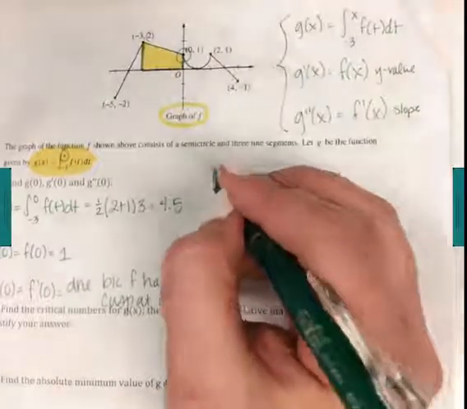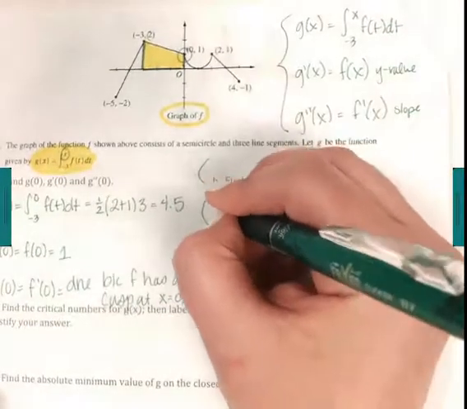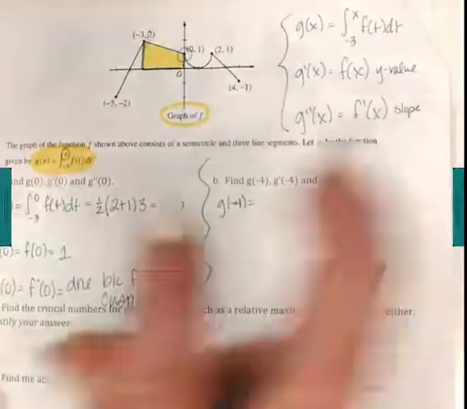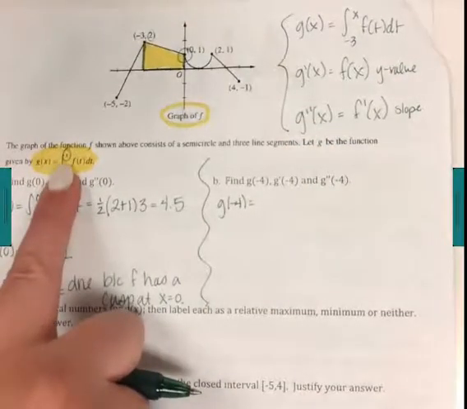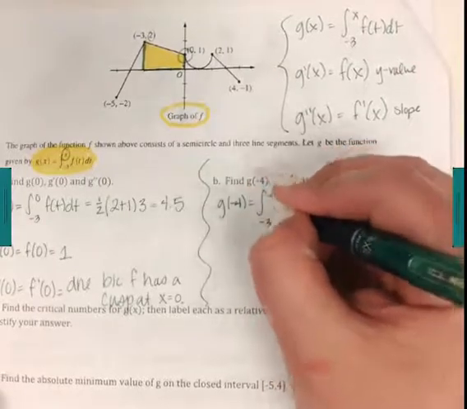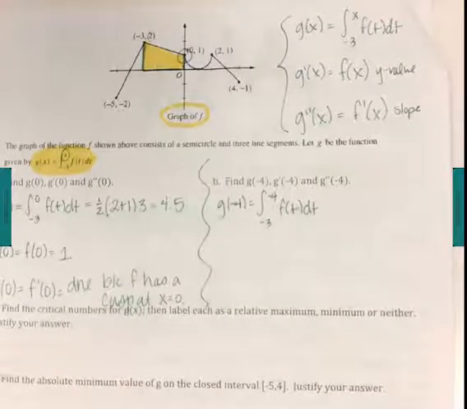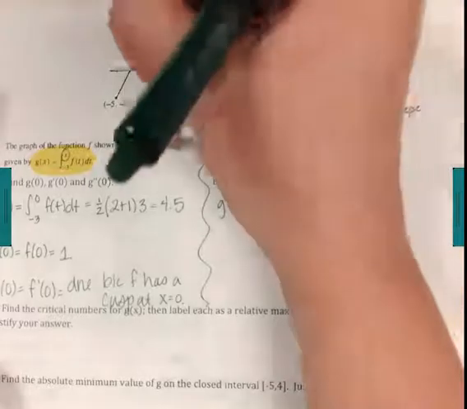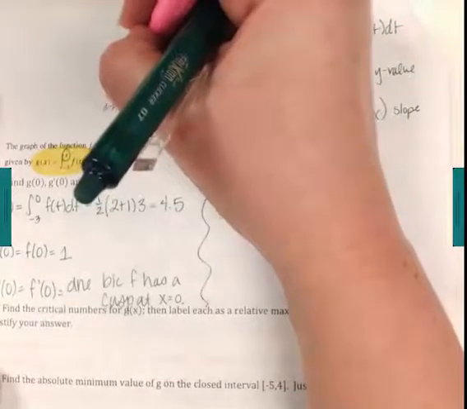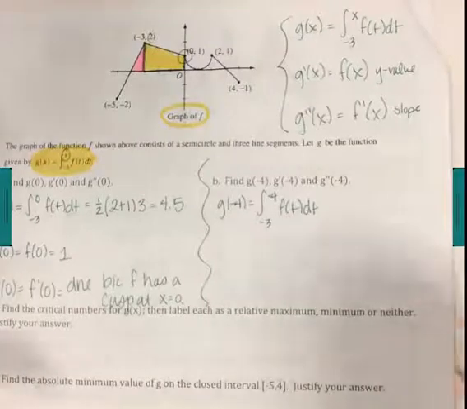Okay, let's do part B. I want G of negative 4. Well, G of negative 4 is plugging in negative 4 where my x goes, so it's at the top of the integral. And then if I have the graph of f, I'm going to be doing the area. So from negative 3 to negative 4, I see this little shape. How do I find the area of that?